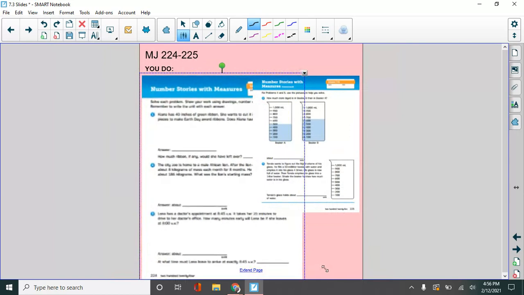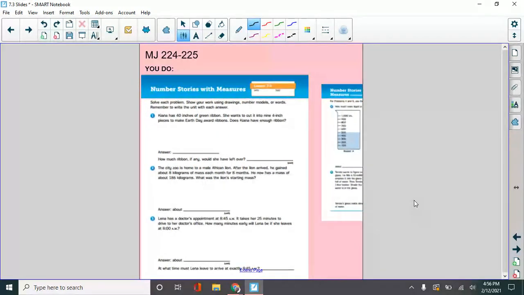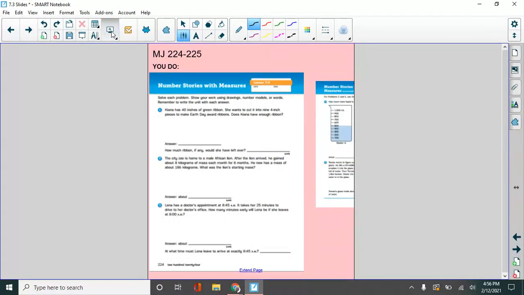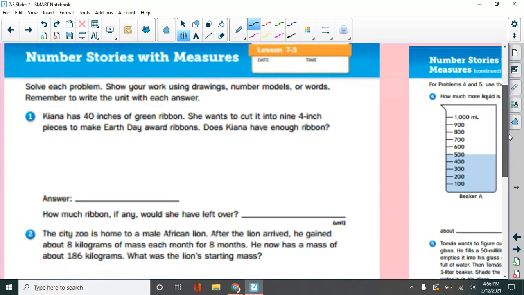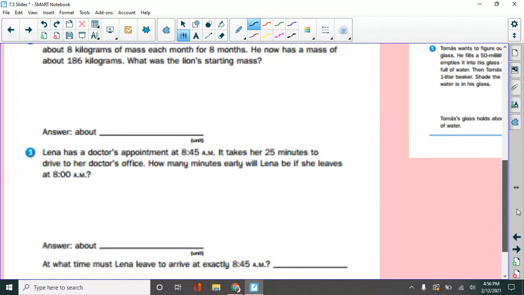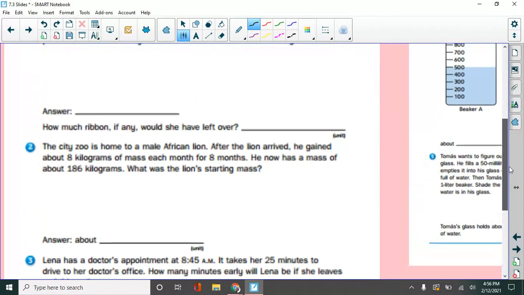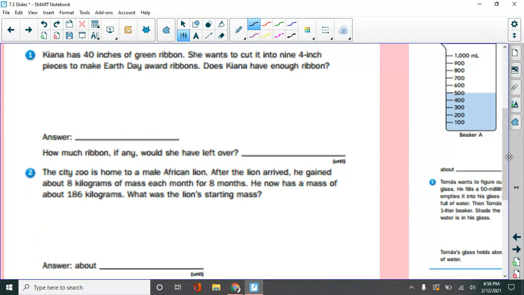Here we go. And I'm going to toss that one over here for now. And we'll zoom in. Oh, that's better, isn't it? Let's see. Let's vote. Should we do number 1, number 2, or number 3 together? I want to do number 2.